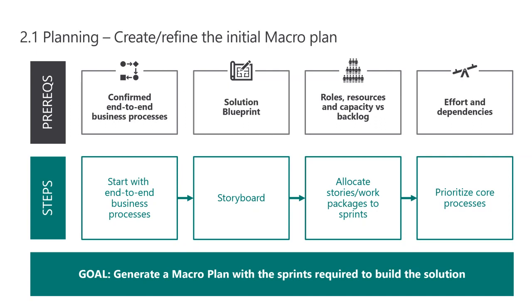In terms of the steps, we would recommend start with the end-to-end business processes and then create a storyboard. And by storyboard, we mean start with a sequence of business process you're going to deliver from start to finish. So, for example, if you take a level 0 end-to-end business process like purchase to payment, then you've got that level 0 laid out.